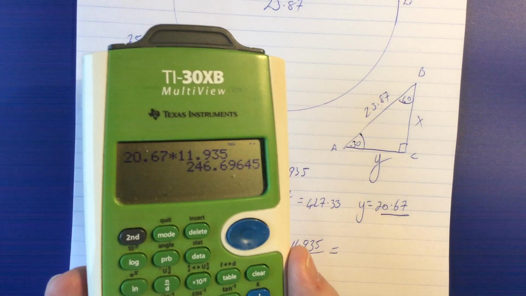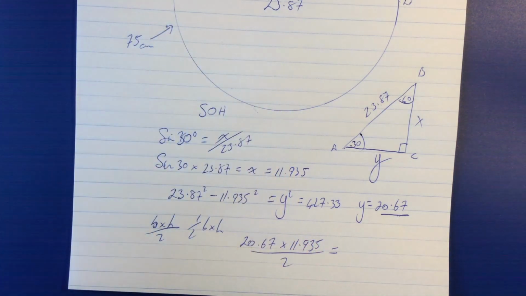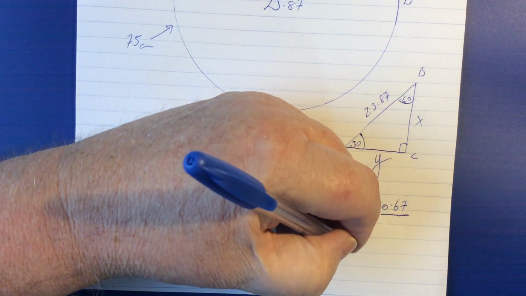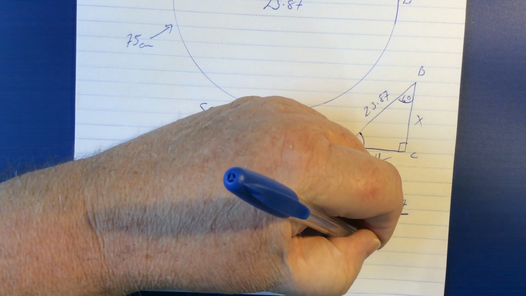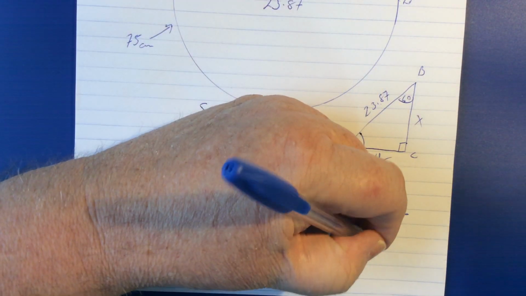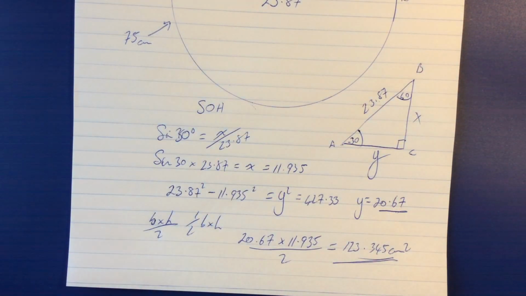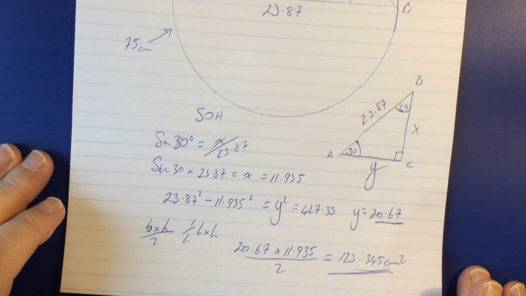I got 246 and a bit for the top line there. Divide that by 2. 246.69 divided by 2 equals 123.345 centimeters squared. That's our answer, and that is how you do that.